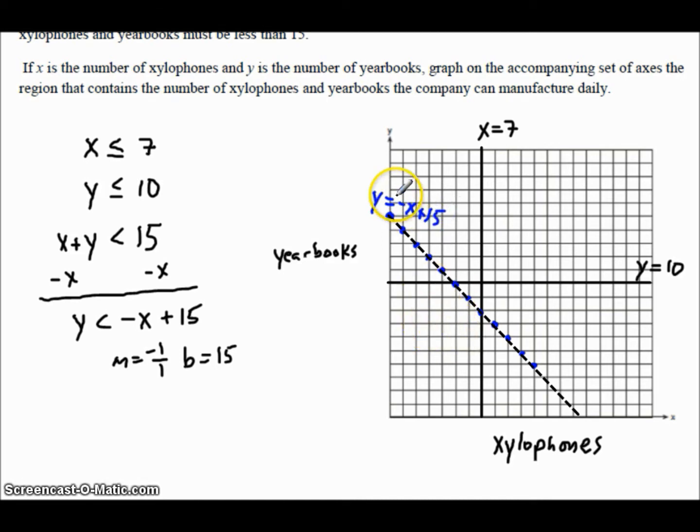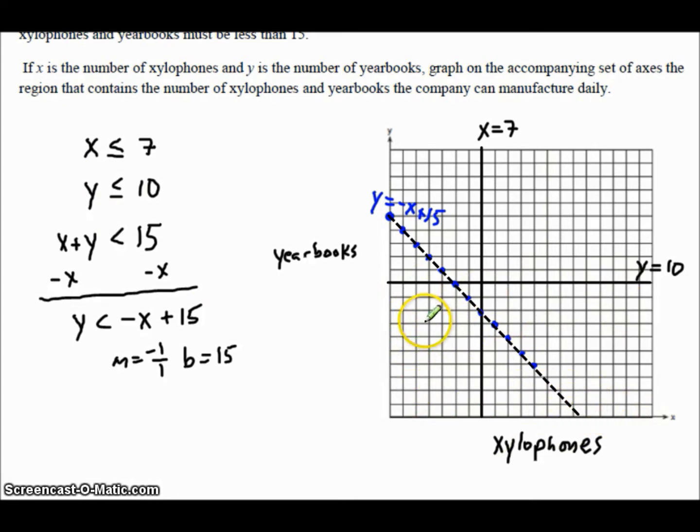Now check this out. I'm going to do something a little bit different with these to keep our graphs neater. I'm going to go right to my shading. We've got to be to the left of the line x equals 7, so that would be this way. I've got to be down from the 10, that would be down here this way. I could shade all this in, sure.